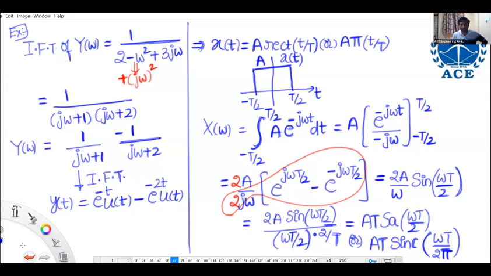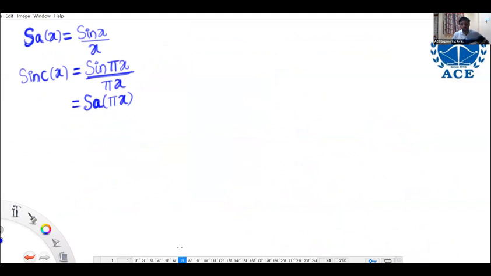So a rectangle in time corresponds to the Sa function or sinc function in the frequency domain. Now we have to visualize this shape. How are we going to get the Sa function shape? Roughly, first I am sketching. Sin x is an oscillating signal like this.